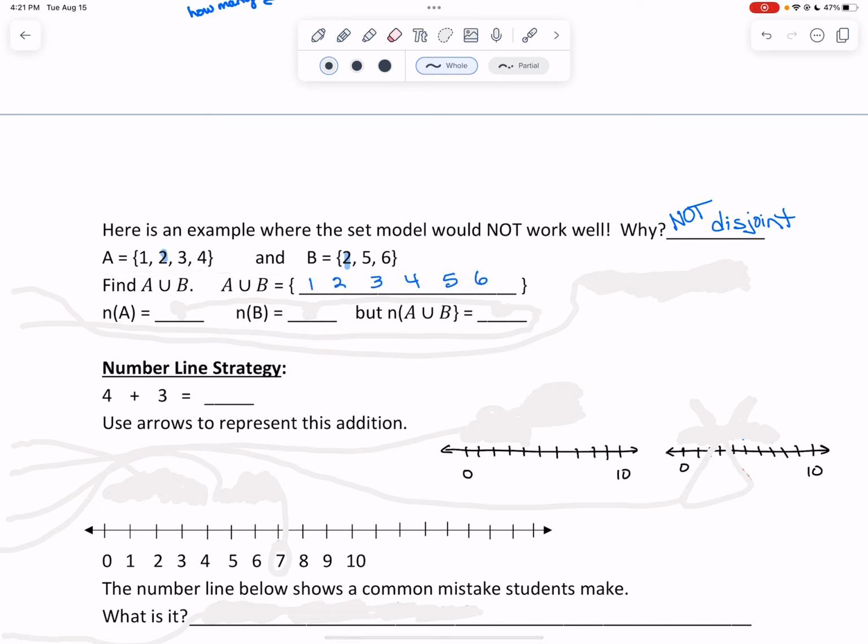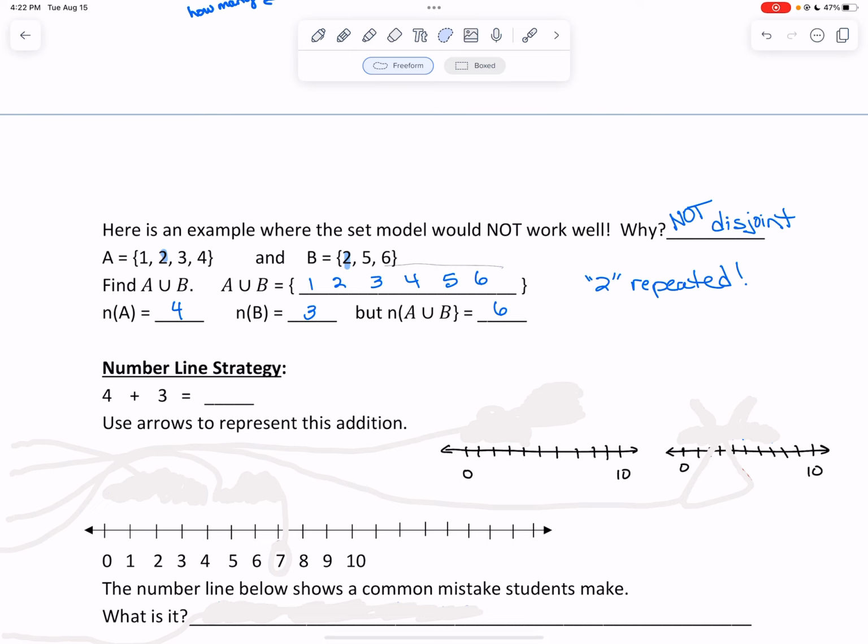When you put two things together in a set, you don't repeat anything. Even though A started off with 4 and B started off with 3, since the 2 is repeated, when I add them together I'm only going to get 6. Do you notice that I only have 6 in that set because my 2 is repeated? So in that case, 4 plus 3 is not 6 unless it's a set model. It's not disjoint, but if they are disjoint, then it works very well.